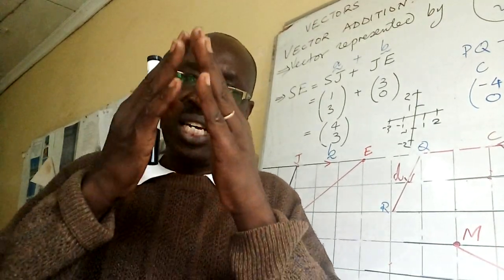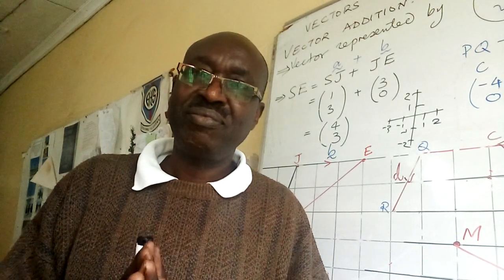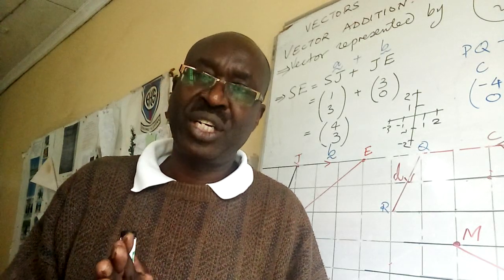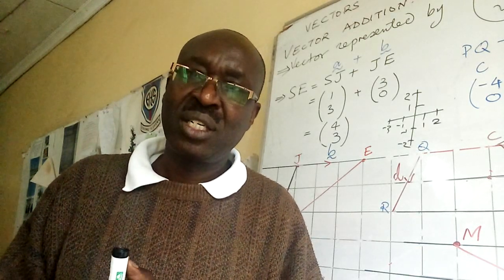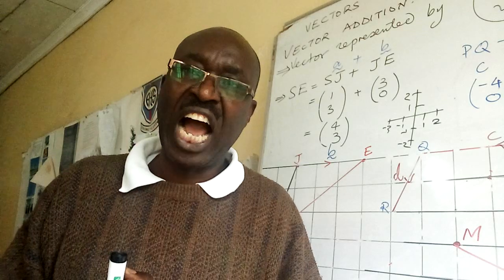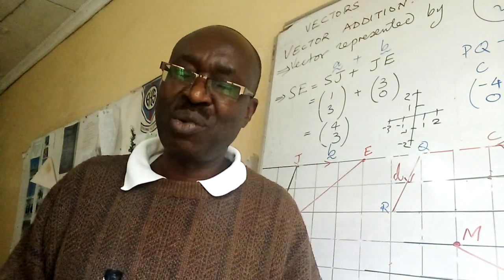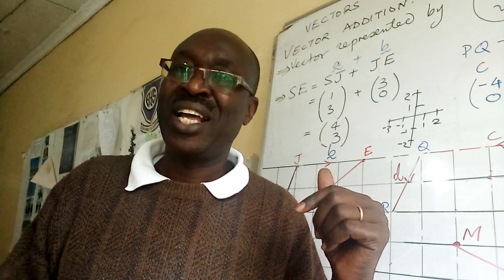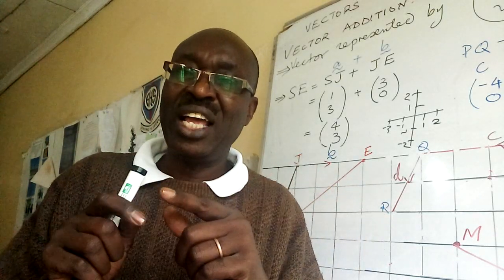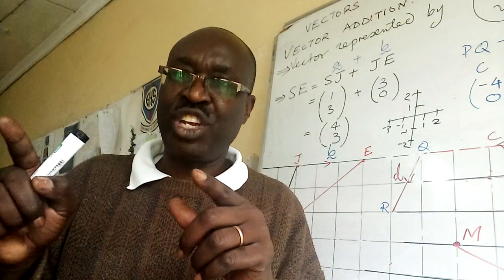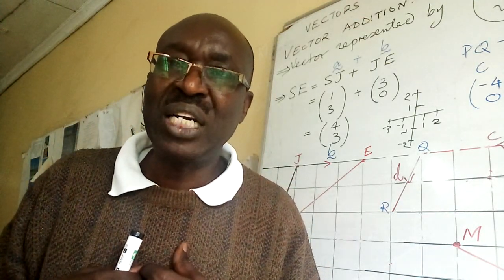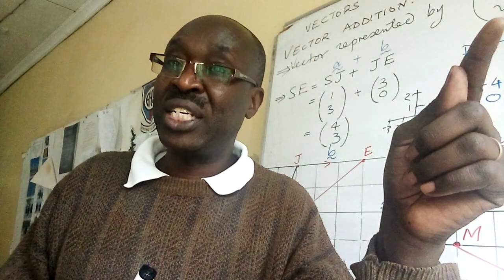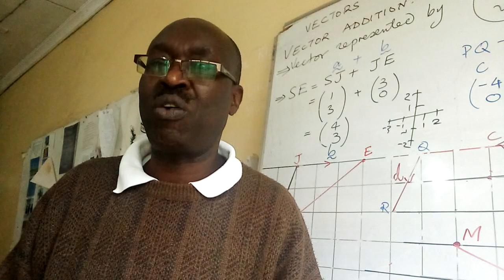Remember, vectors are written in column form. Okay? When you move from origin to a point, that is known as position vector. Anytime you start from origin to a given point, like we had point A in bracket 4, 3. If I want to write it in a vector form, so that is a point now written in vector form.